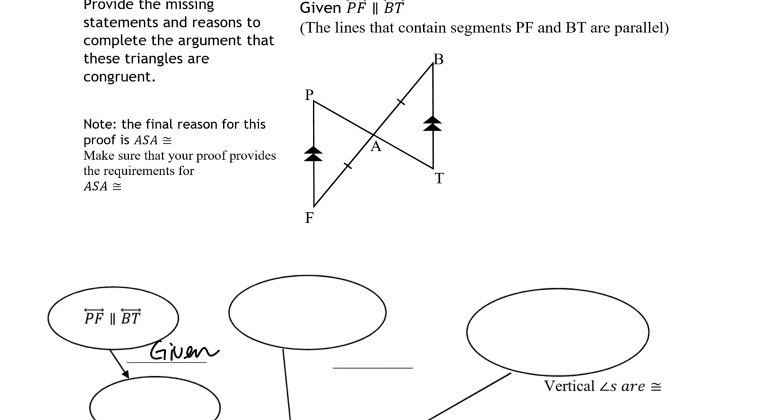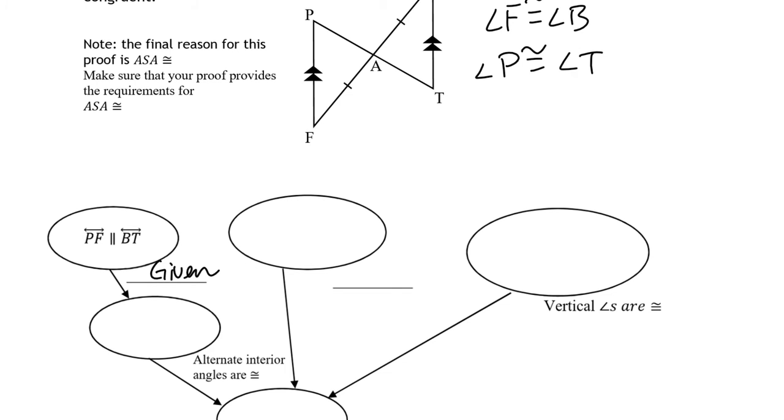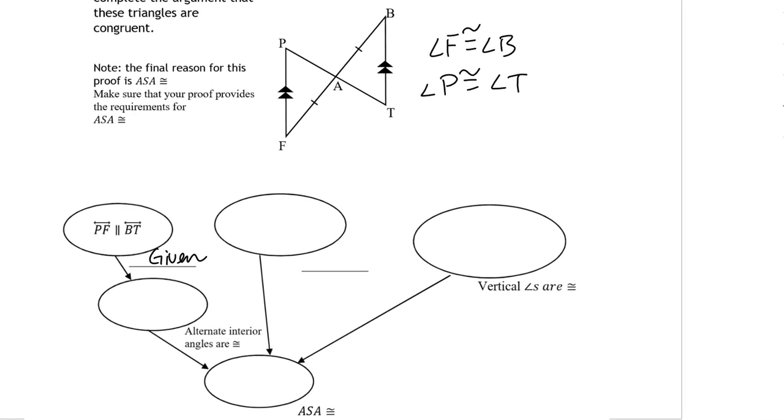I could either say, for example, angle F is congruent to angle B, or I could also point out that angle P is congruent to angle T. Both are true with these parallel lines. So we're probably going to need one of those statements, and to be honest, I'm not sure which yet. So I'll just leave that on the table.